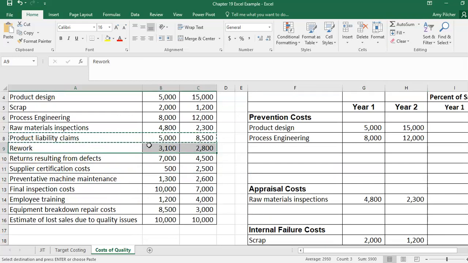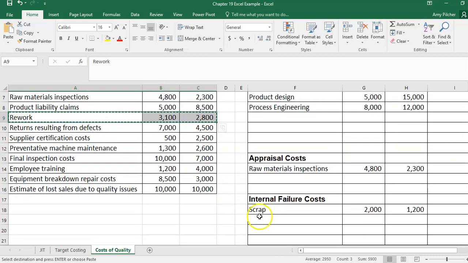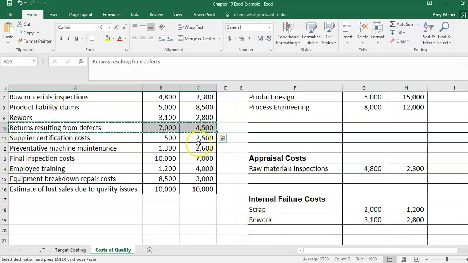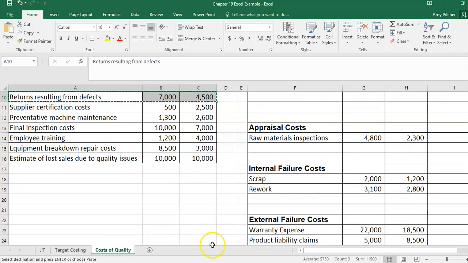Rework. Rework is an internal failure cost. That is when we had something wrong with the production, but we were able to fix it before we sent it out, where in scrap we have to throw it away. Returns resulting from defects. Sales returns happen after the customer already has it.